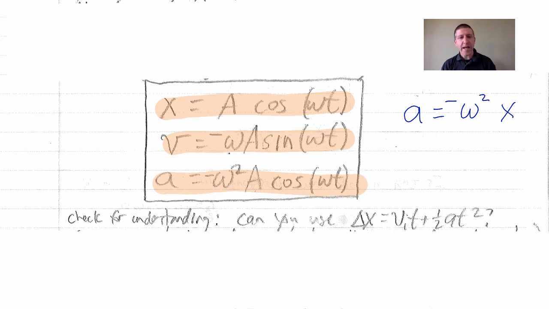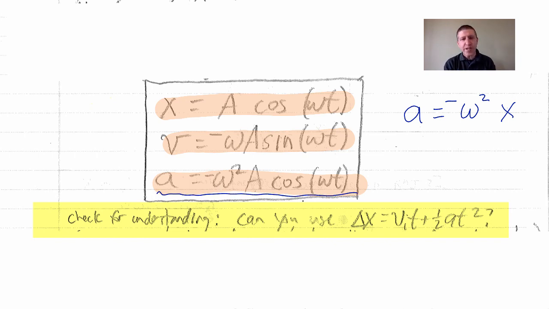Now I'll ask you this to see if you get this. Can you use delta x equals v initial t plus 1/2 a t squared for simple harmonic motion? Well, you can only use that if the acceleration is constant. And notice that, according to this, the acceleration is a time-dependent function.